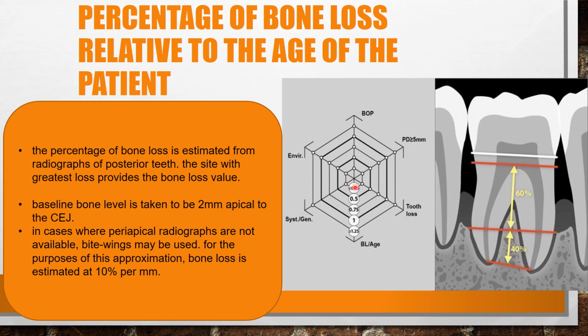The values given are 0.25, 0.5, 0.75, 1, 1.25. Up to 0.5 it is low risk category, up to 1 it is moderate risk category, and greater than that is high risk category. This is the percentage of bone loss related to the age of the patient.